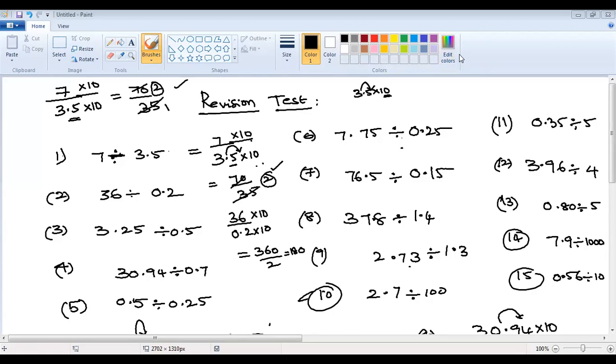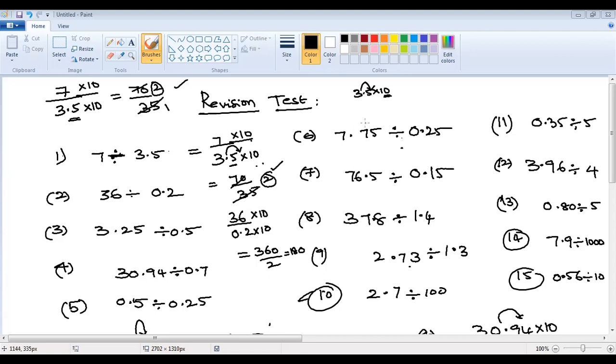Ma'am, for the fifth, which bit? Fifth bit, ma'am, so we have to multiply it by 100. Why? Because there are 2 decimal places. Or else by looking only, you can see this is the sixth one. Children, listen here.